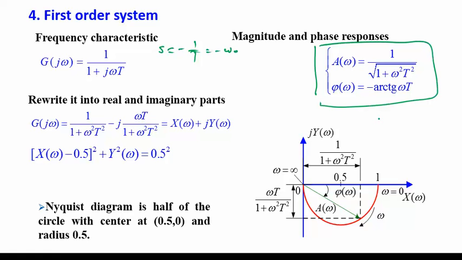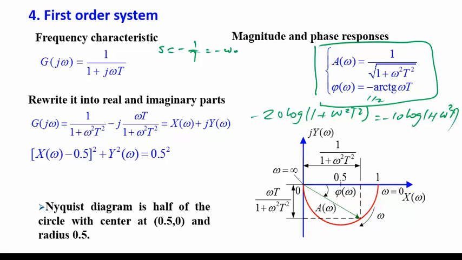Now take the log. On the log scale, this is 20 log of the magnitude, which is minus 20 log of (1 plus omega squared T squared) to the power 1/2, or minus 10 log of (1 plus omega squared T squared). That's it.